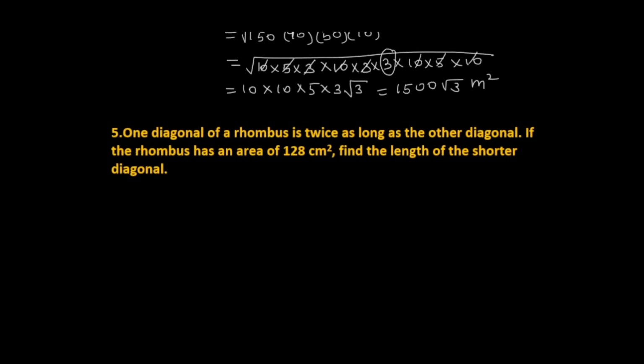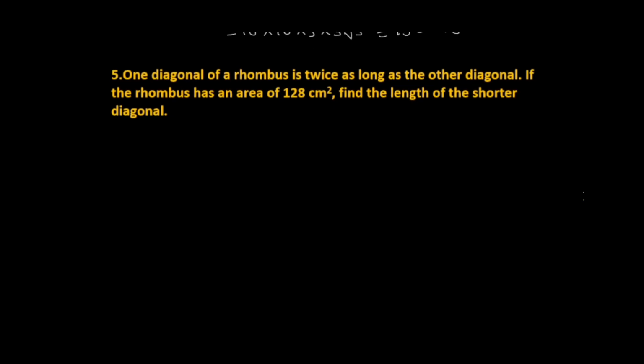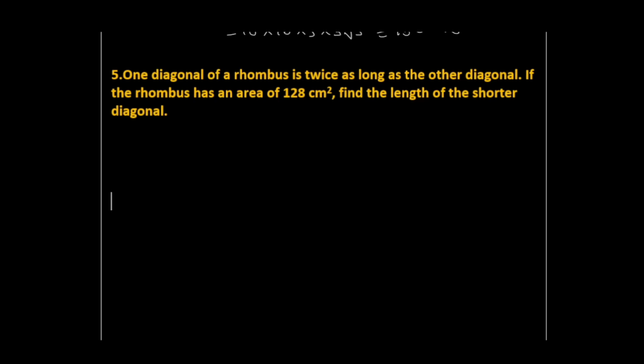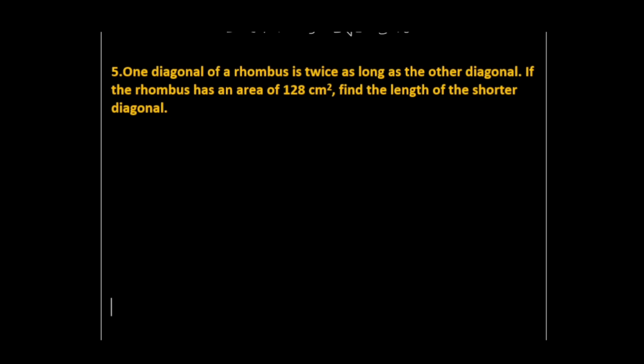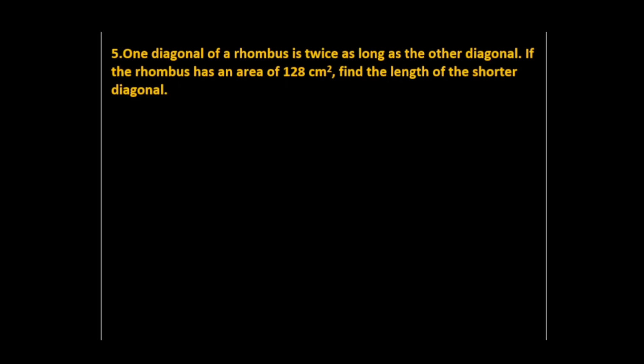Fifth question. One diagonal of a rhombus is twice as long as the other diagonal. If the rhombus has an area of 128 centimeters squared, find the length of the shorter diagonal.